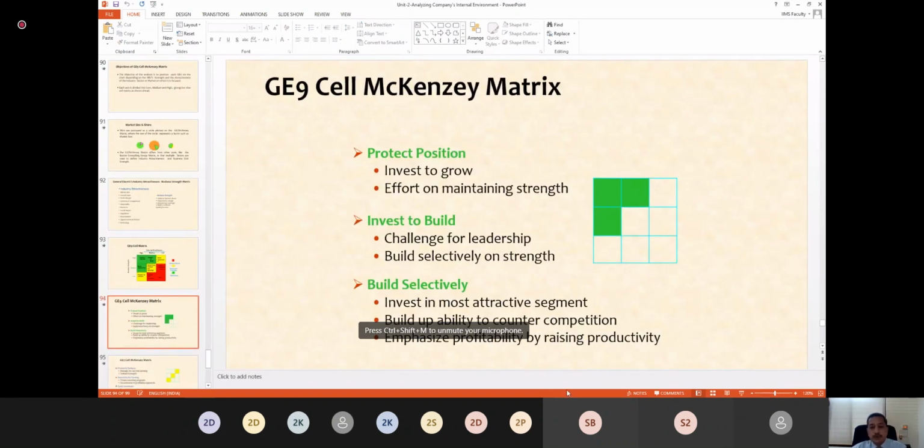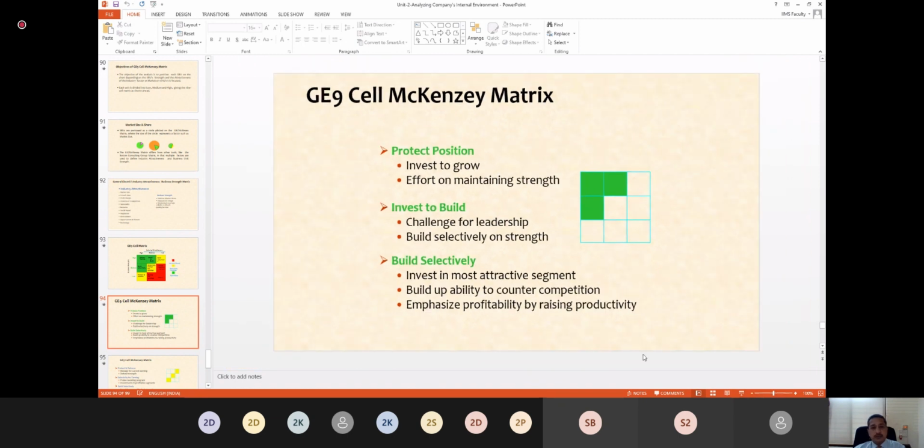Again we have to continue the discussion of this G9 cell model, which is also called the McKinsey matrix. We have to discuss this matrix further and see what it implies for managers.